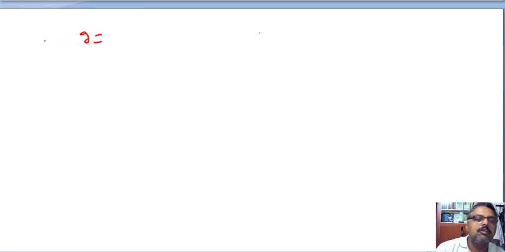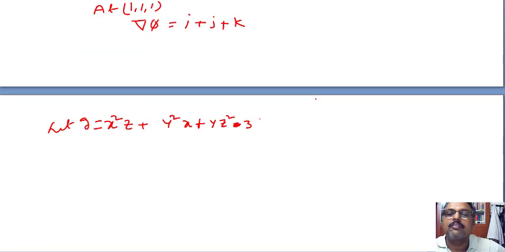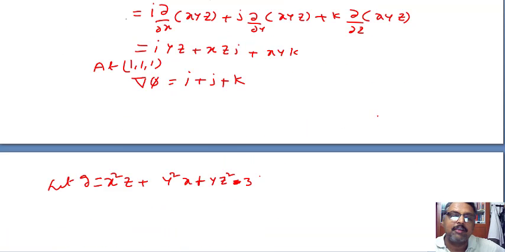Let g equal the given surface, x square z plus y square into x plus y z square equals 3, so that is minus 3. Now g equals x square z plus y square x plus y z square minus 3.